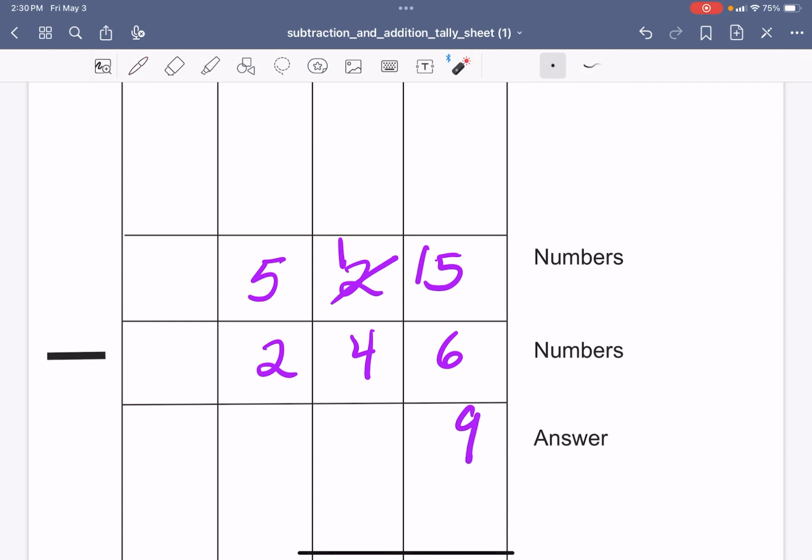Next we have 1 minus 4, which we can't do. We've got to go next door, borrow 1 from the 5, give that 1 here. So now we have 11. 11 minus 4 is 7. And then 4 minus 2 is 2. So our answer is 279.